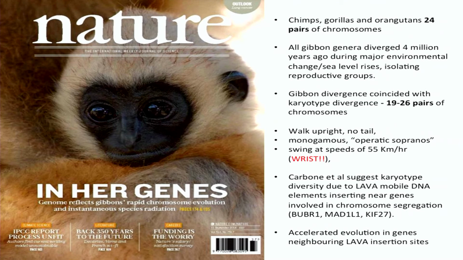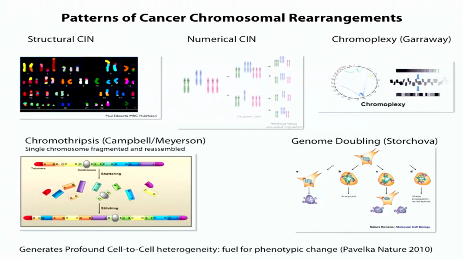And so I think this shows to some extent how the reordering of the serial chemical constituents of the chromosome can help a new species evolve. Now, if that can generate a new species, what's happening in cancer?